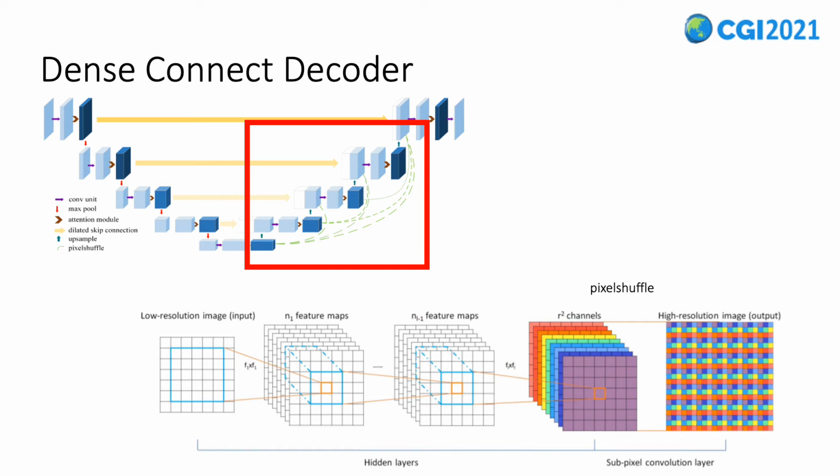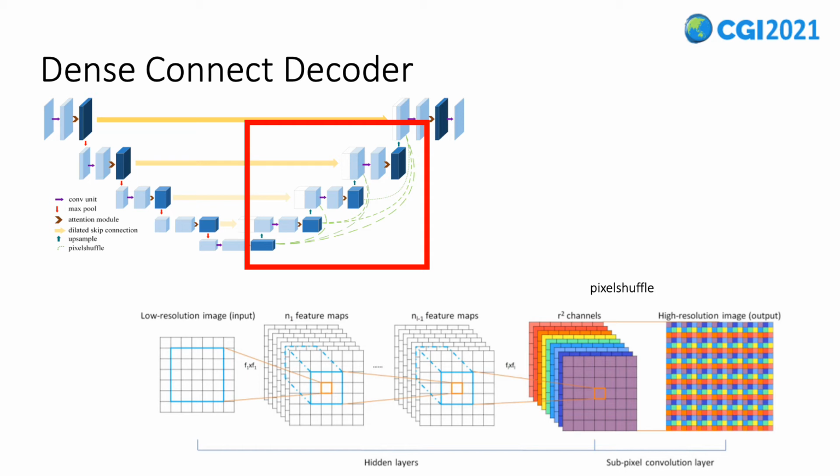Pixel Shuffle introduces no parameter. It only rearranges the pixels, which can not only upscale the feature map, but also reduce the thickness of the feature map.